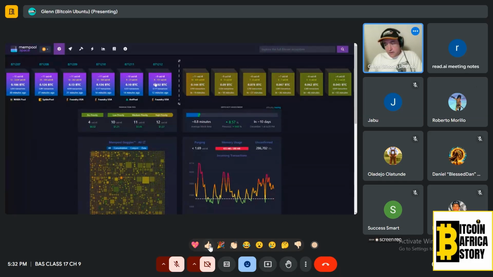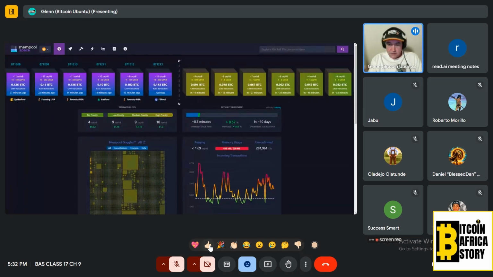So if you're a miner, you will go and take all of the transactions, usually the highest paying fee transactions that are waiting to be cleared. So if we have a look here, you see a block was just found. What happened here was F2Pool took transactions that were pending in the mempool.